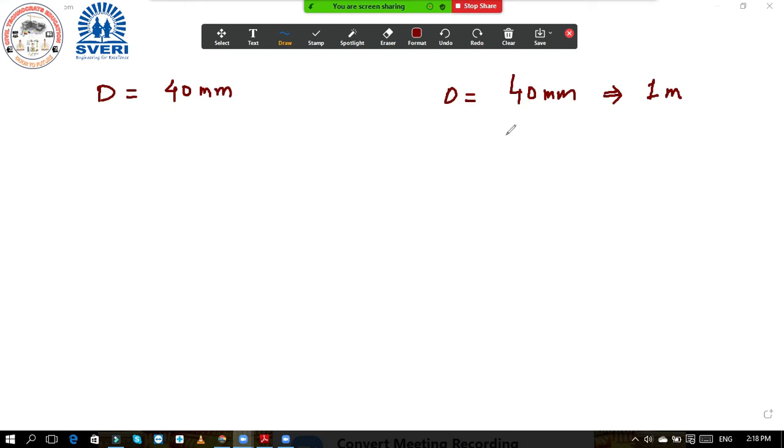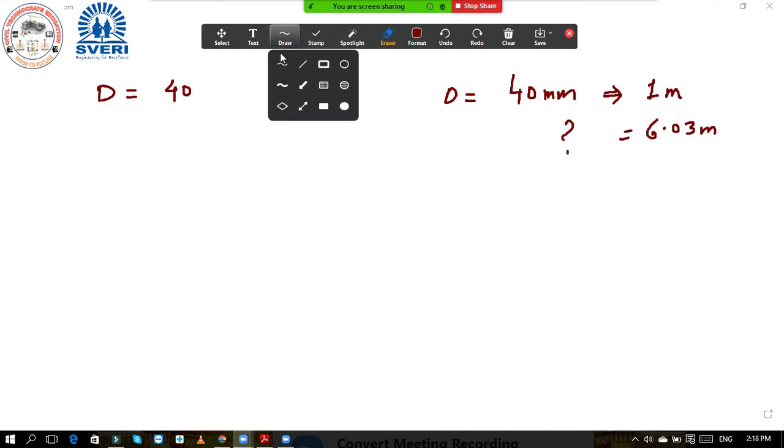Now here in this case, what is our effective span? Our effective span is 6.03 meter. So for that we are calculating the depth. Okay, so now the simple thing is, the overall depth is 40 into 6.03.